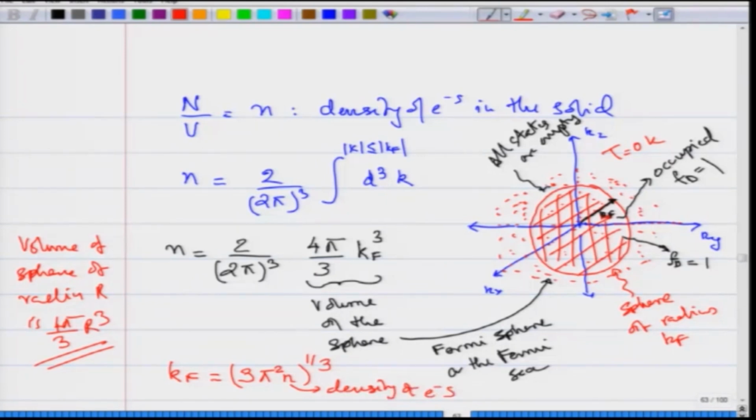The Fermi wave vector, the size of this vector, which is the boundary between occupied and unoccupied states, the maximum momentum of the particle, is governed by the particle number, or the density of particles that you have inside the solid.